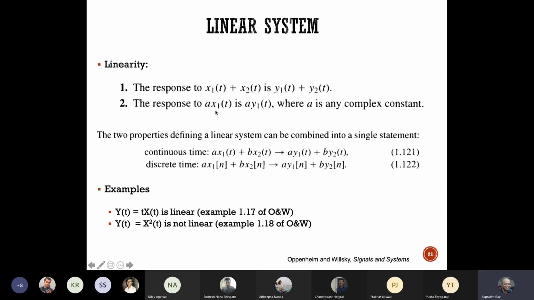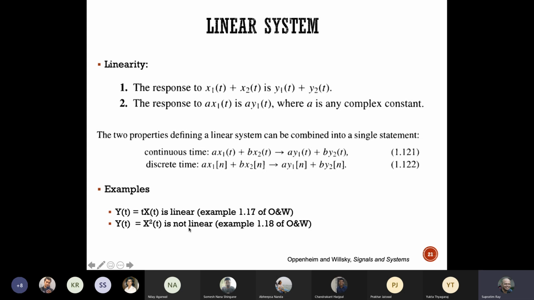Similarly, if I give you a scaled version of the input, I get the same scaled version of the output, where a is any complex constant. So you can combine it and say that if I give you scaled and superimposed inputs, a x1 plus b x2, my output is going to be a y1 plus b y2, where y1 and y2 are the outputs of x1 and x2 respectively.